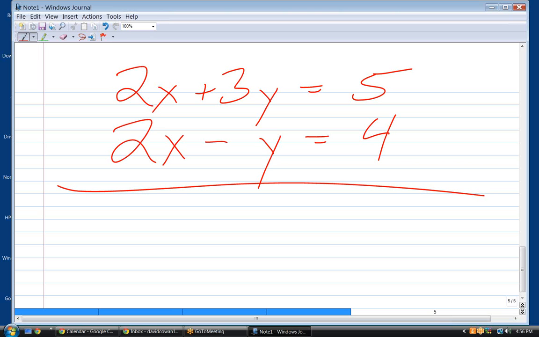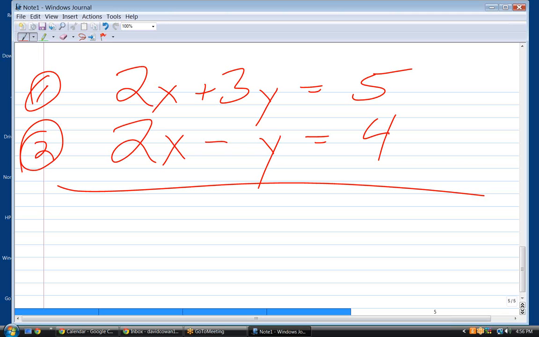I can eliminate the x variable here by merely subtracting 2 from 1. What do I get if I take equation 1 and subtract equation 2 from it? So how many x's do I have?